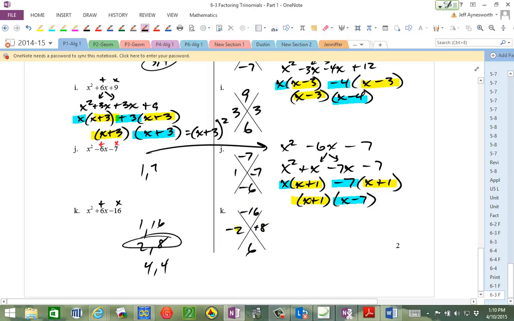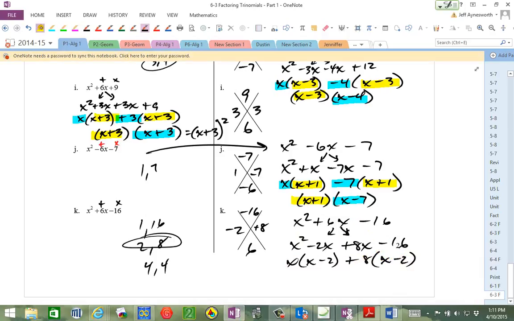So on the last one here, we're going to split the middle term. So we have x squared minus 2x plus 8x minus 16. Factor out an x. Factor out an 8. And then you're almost done. You've got x minus 2 times the remaining terms, x plus 8.